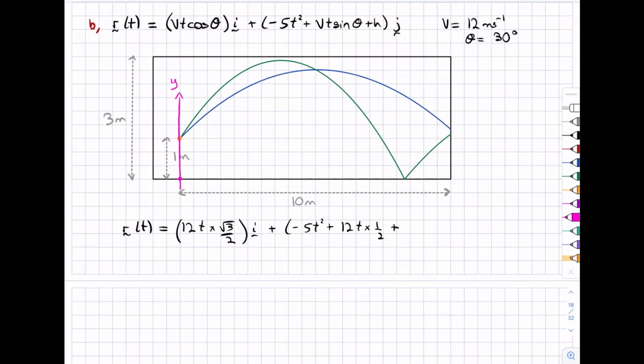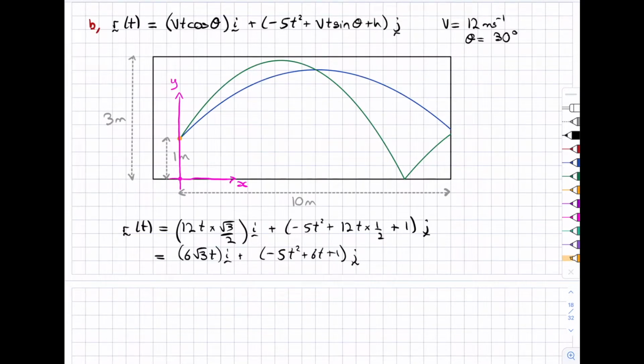Here's the y-axis, and here's the x-axis. But h is 1, so it's plus 1 j. We can simplify just a little bit. This will be 6 root 3 t times i, plus negative 5t squared plus 6t plus 1 j.